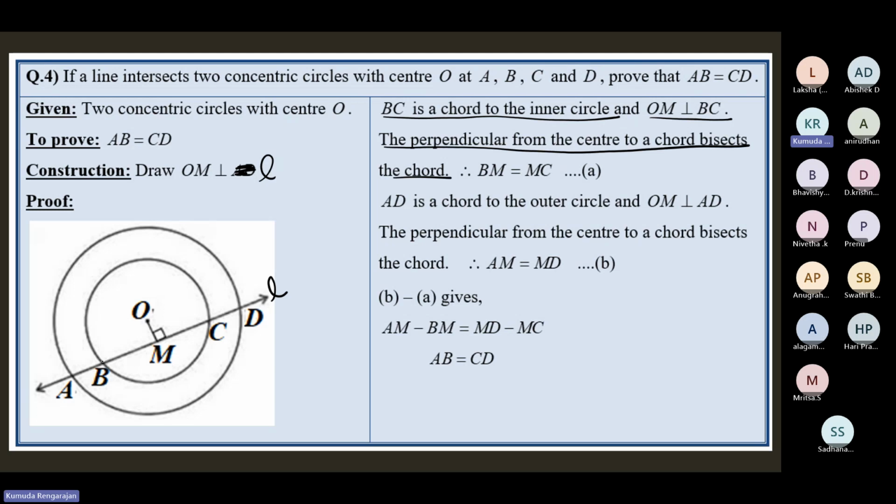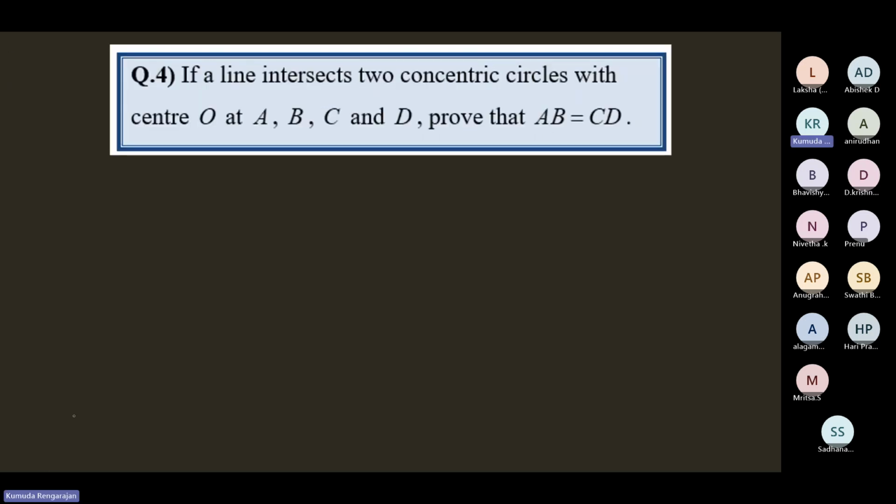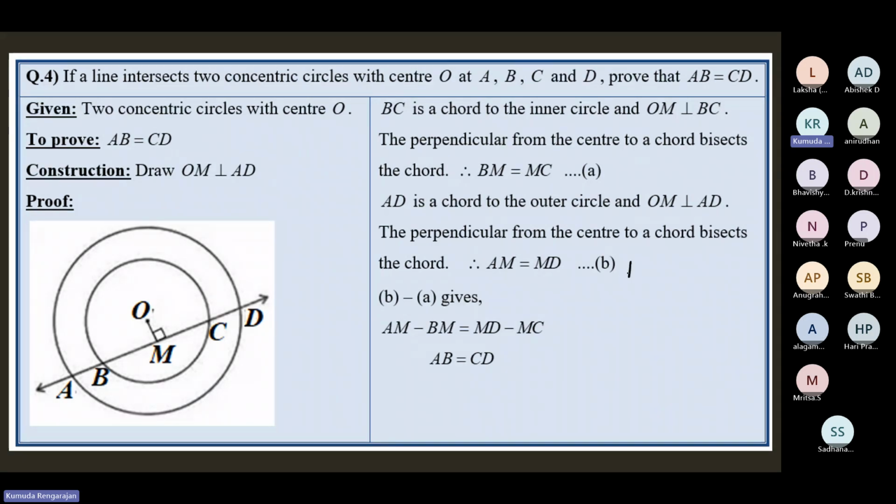The chord is bisected at M, so BM is equal to MC. In the same way, for the outer chord, AM is equal to MD. You can write them one below the other: AM is equal to MD, this is the bigger one, and below that BM is equal to MC. Subtract: AM minus BM is AB, is equal to MD minus MC, which is CD. Hence, we prove that AB is equal to CD.